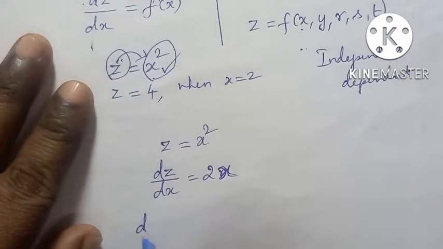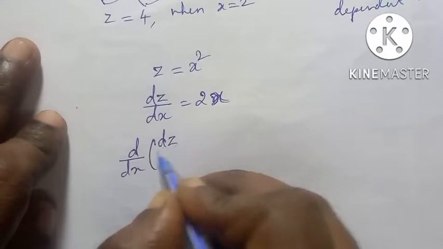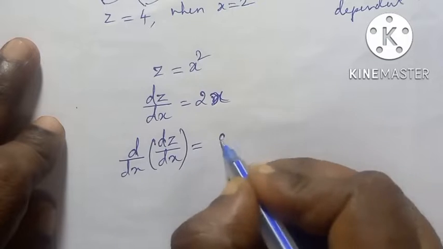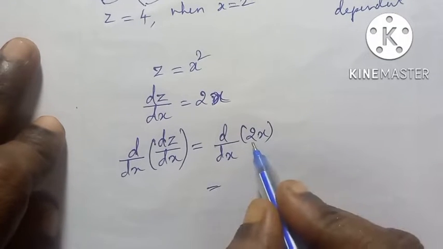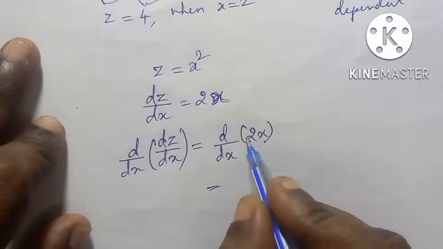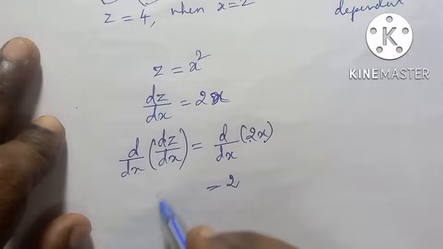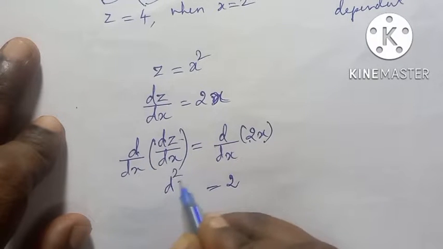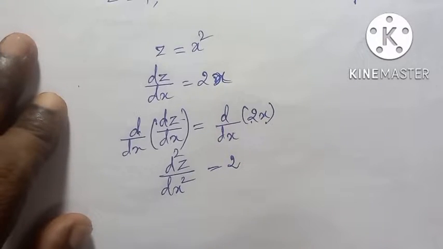When you differentiate it again, d by dx of dz by dx, d by dx of 2x. You know, when constant is with function, take constant outside. dx by dx is 1. Okay. This is d square z by dx square. Okay. Second derivative. Similarly, you can go third derivative, fourth derivative.